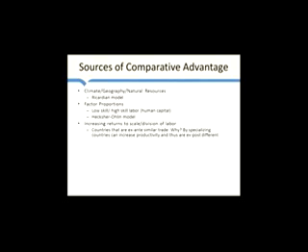So by specializing, one country produces automobiles, another country produces aircraft, another country produces computerized chips. By specializing, countries can take advantage of economies of scale. They then become more productive in one good or a set of goods, and then they trade for the other goods that they want.